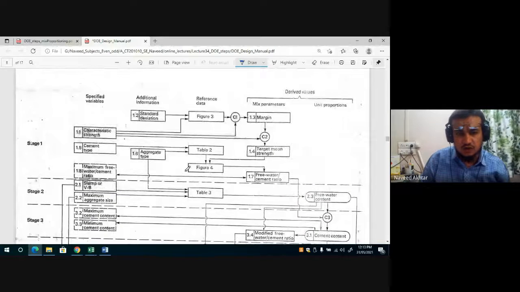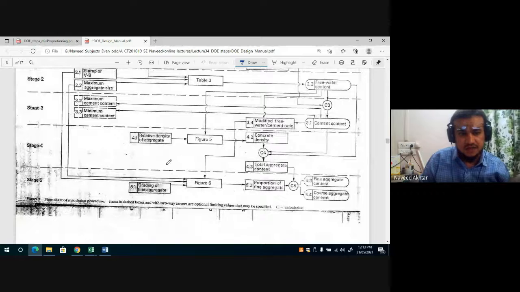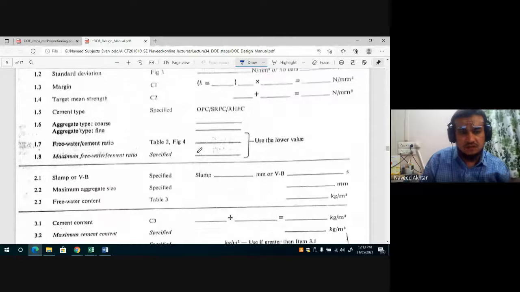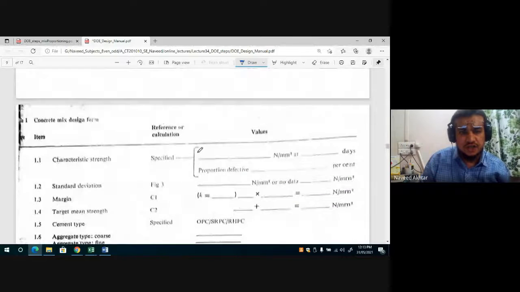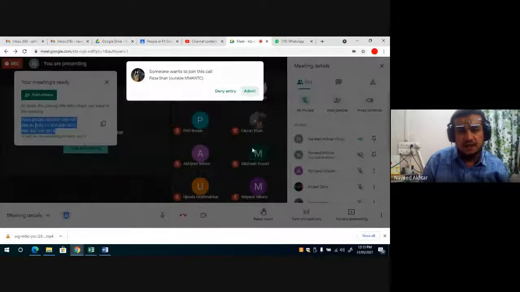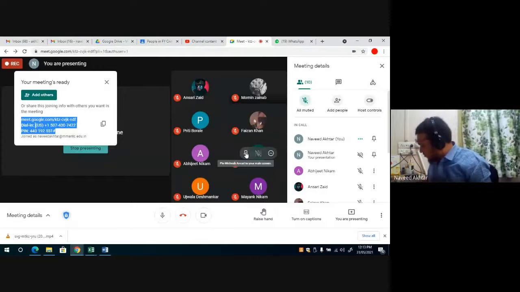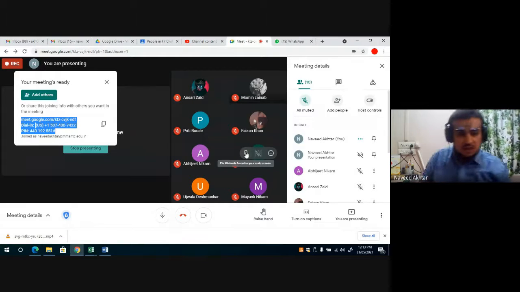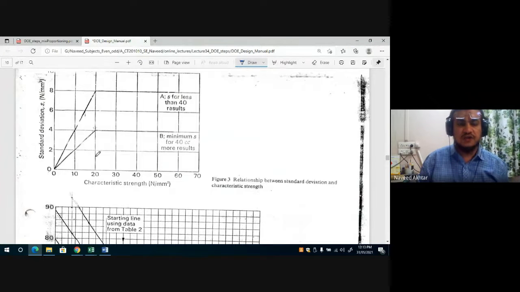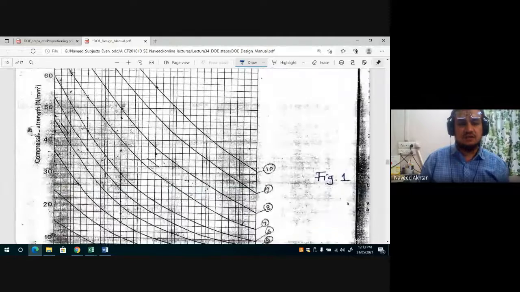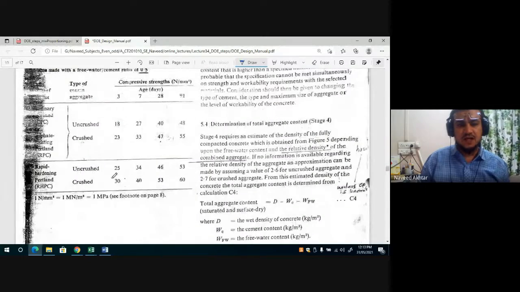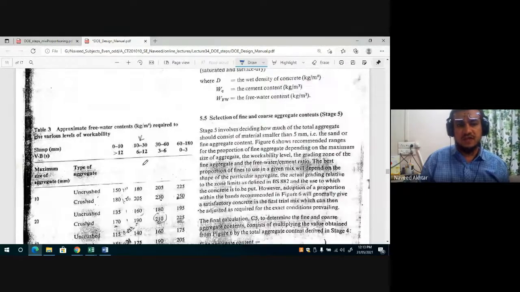This is the flow chart of mix design, how to do the mix design, and the different stages of proportioning of the mix. And this is the sheet of mix design by the DOE method. And these are the different charts to find out the compressive strength based on the free water to cement ratio, and then the different values required for the mix proportioning.